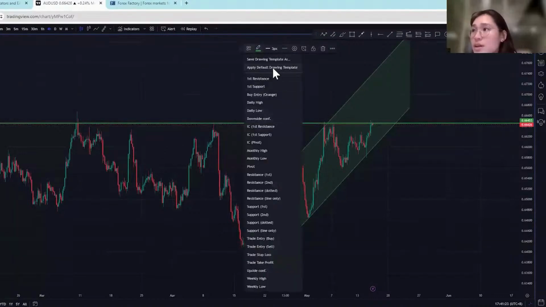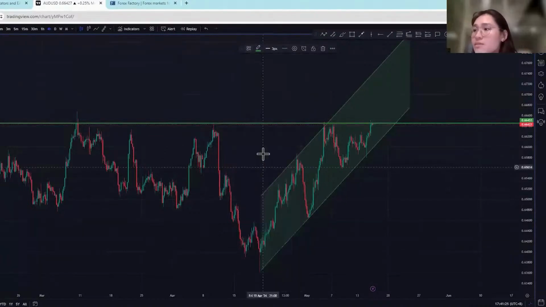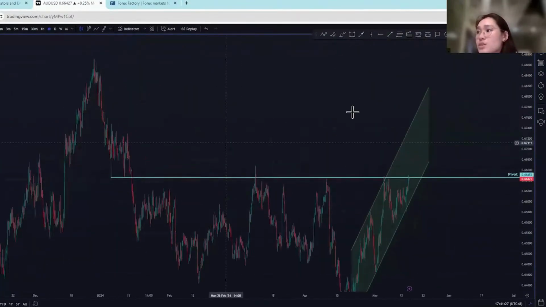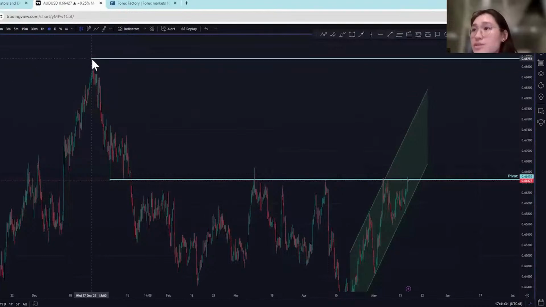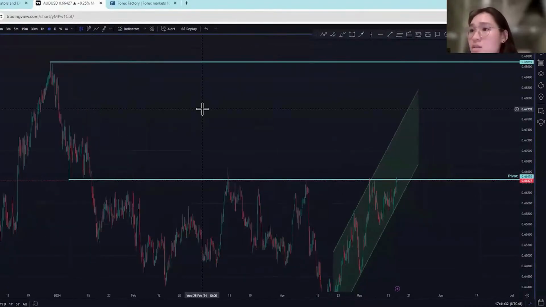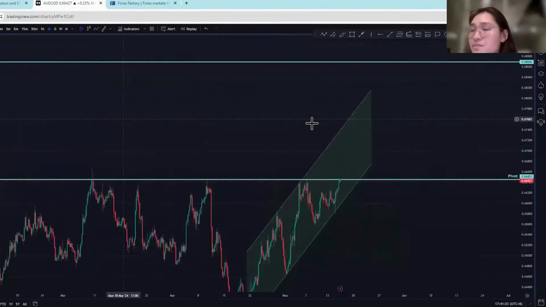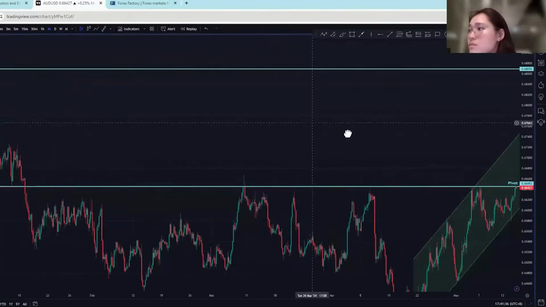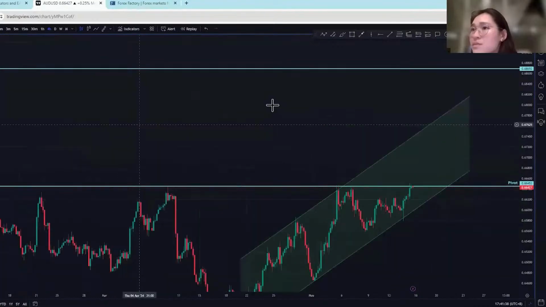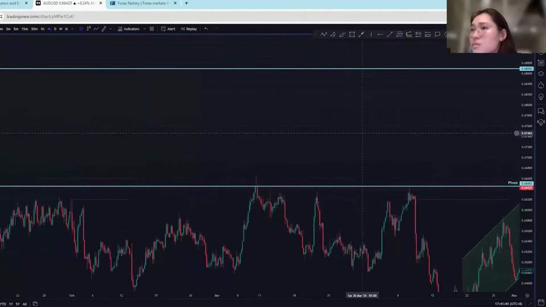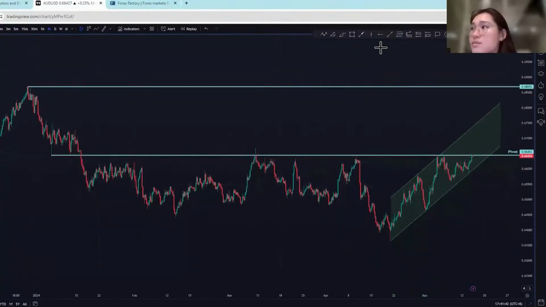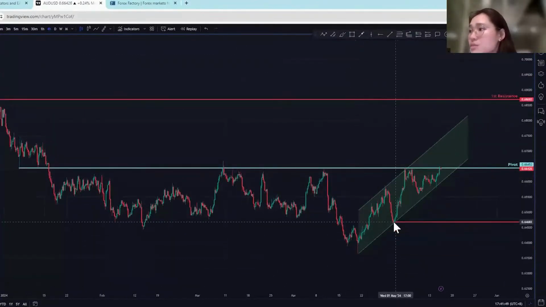Okay, this is my pivot. And my first support, or rather my first resistance, maybe up here. And my first support over here.